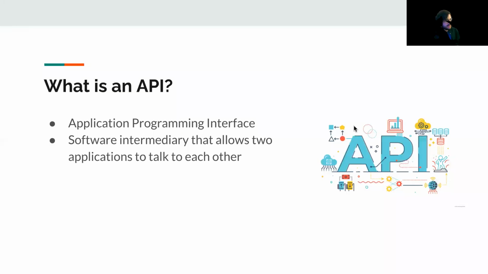So just to start off, if you all haven't had any experiences with an API, it stands for Application Programming Interface. And basically what an API allows you to do is it mends two applications and it can help bring information from one application to another. So say you have a backend, which is storing your data in Firebase, right? You want to be able to access that data in one way or another.